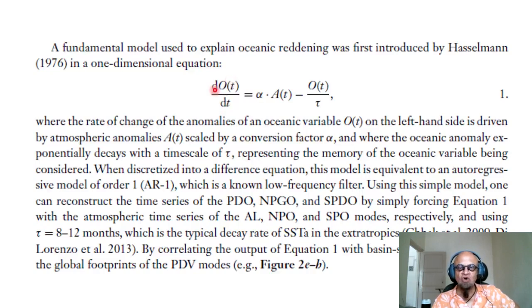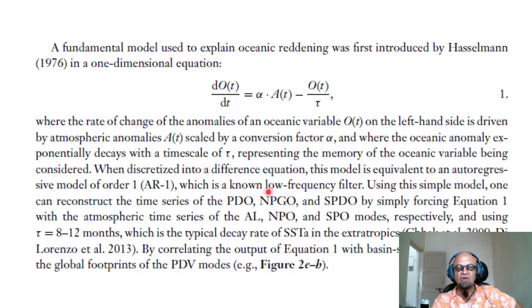dO/dt, where O is a variable as a function of time, is equal to alpha times A as a function of t minus O itself divided by some decay time scale tau. So here the rate of change of the anomalies of an oceanic variable O on the left hand side is driven by atmospheric anomalies scaled by a conversion factor alpha, and the oceanic anomaly exponentially decays with the time scale of tau, representing the memory of the oceanic variable being considered, whether it's heat content or sea surface temperature and so on.